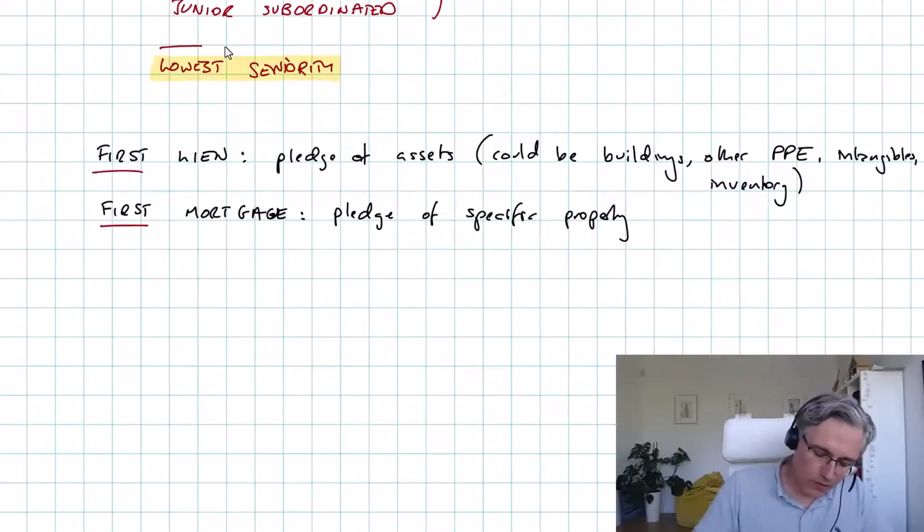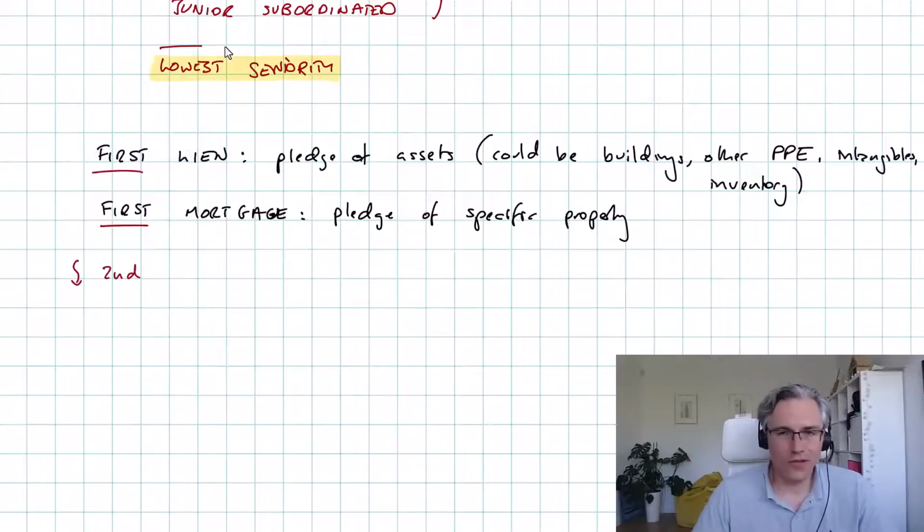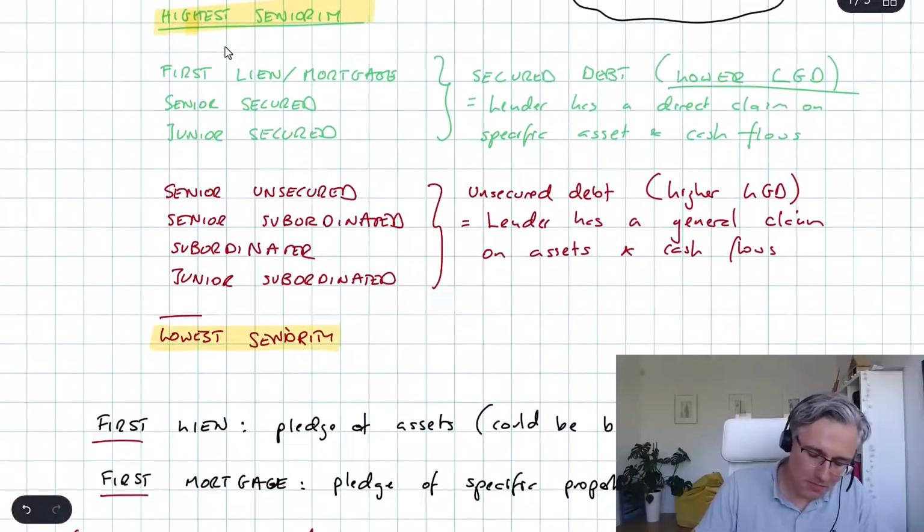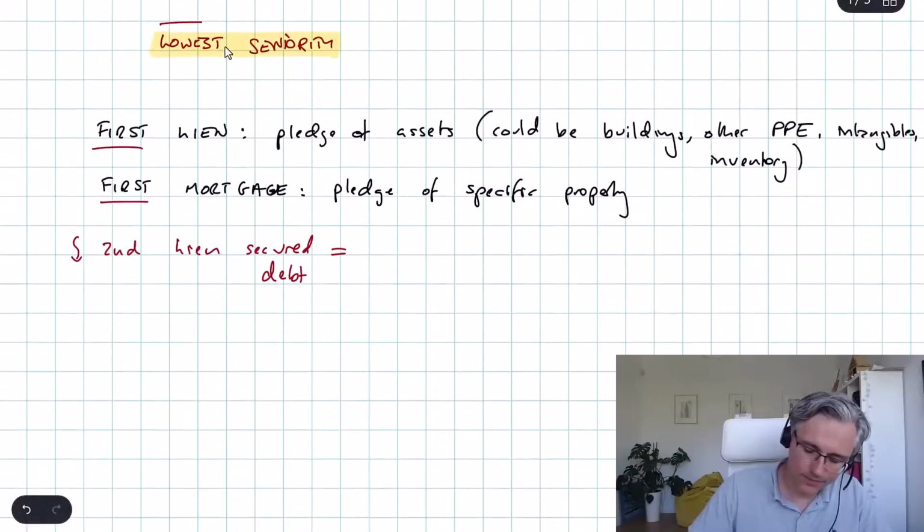But somebody could be written in there under the second line, so you can have a second line or indeed a second mortgage. Second line secured debt is generally thought of as being the same as senior secured.